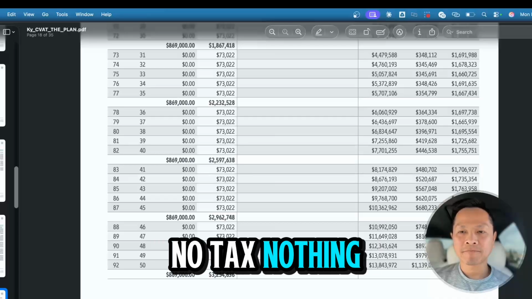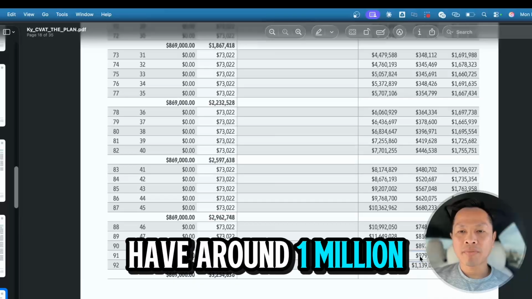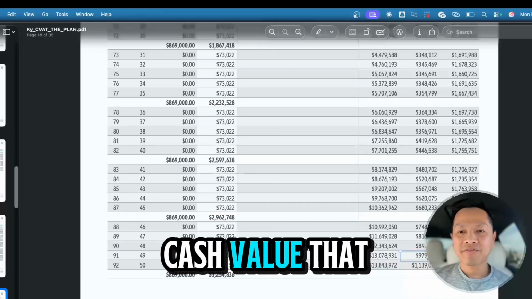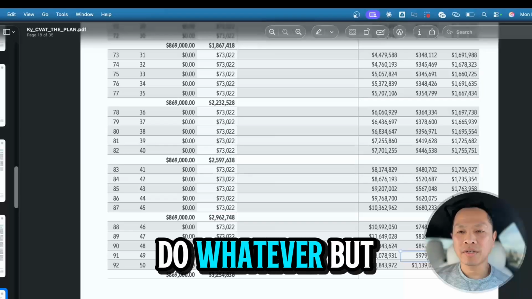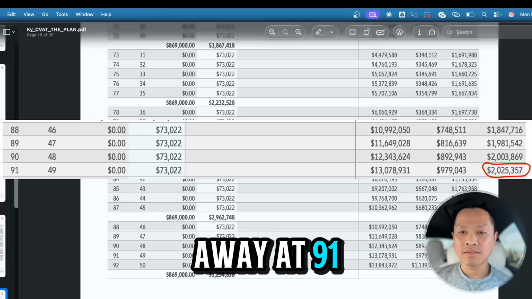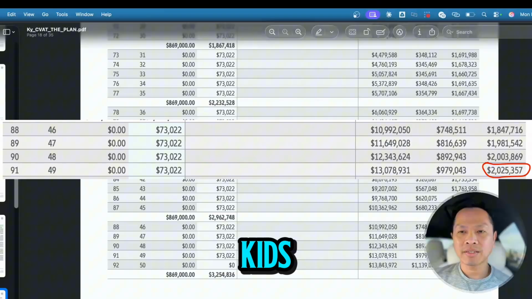No tax, nothing. And at that time, I still have around 1 million cash value that I can use, borrow, do whatever. But if I pass away at 91, I still have 2 million to pass on to my kids.